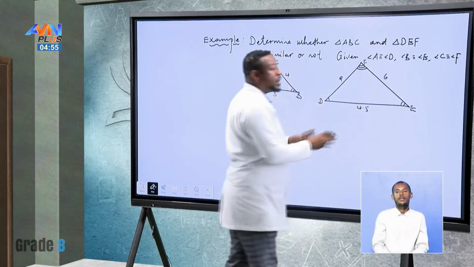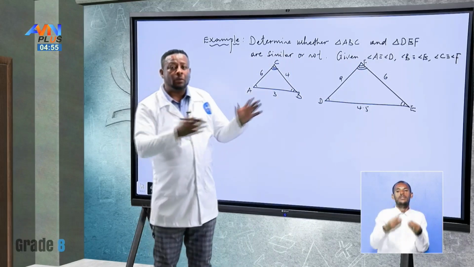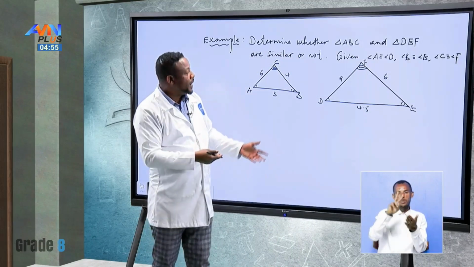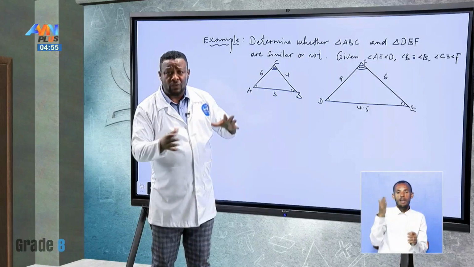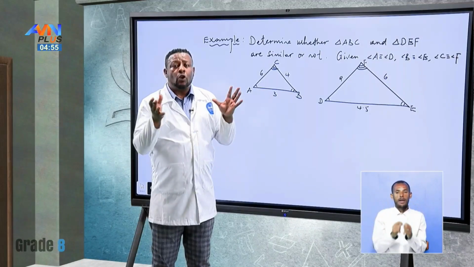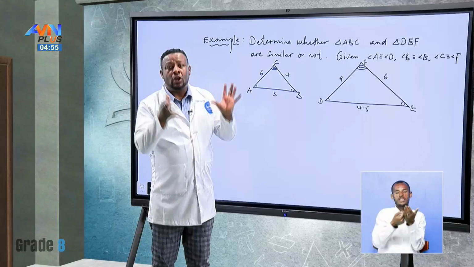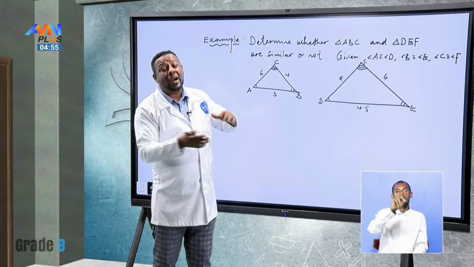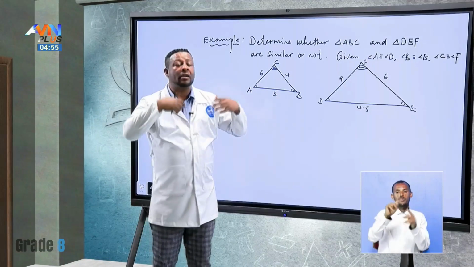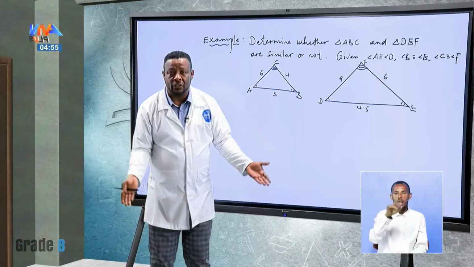These all are given. The other information about these two triangles is the side lengths of each triangle. So based on this information, we are asked to determine whether these two triangles are similar or not.